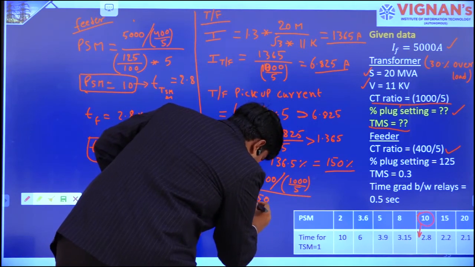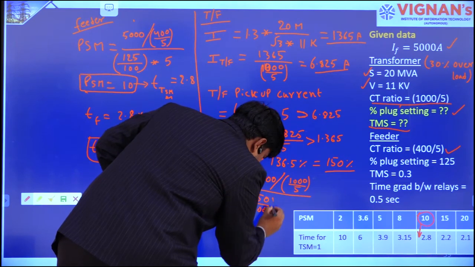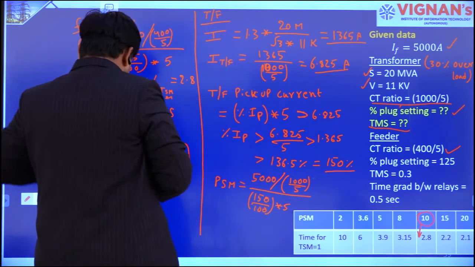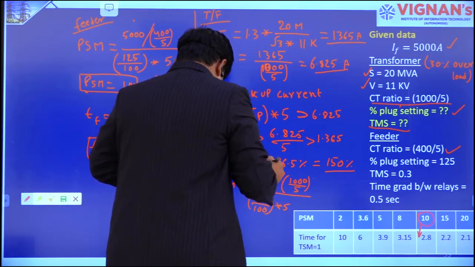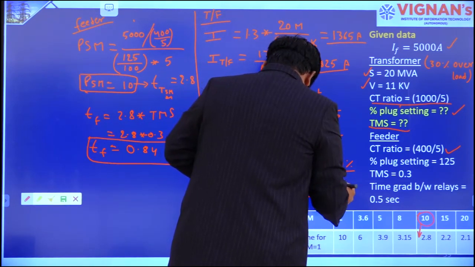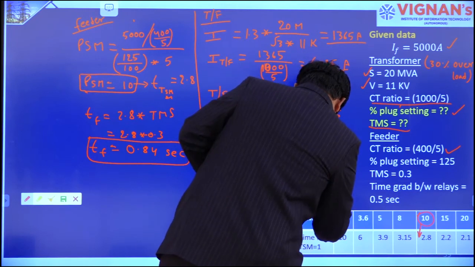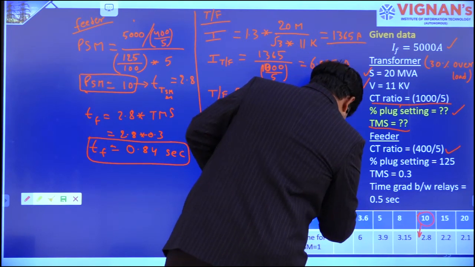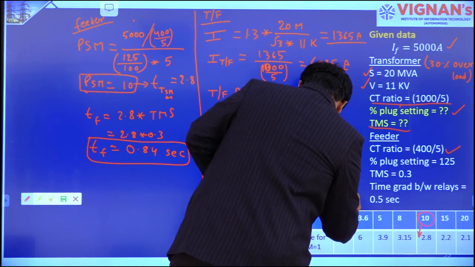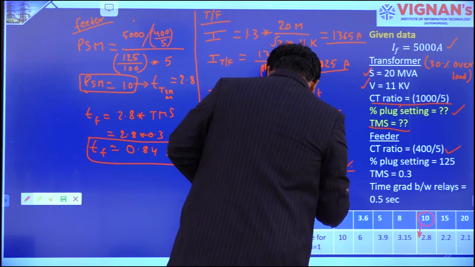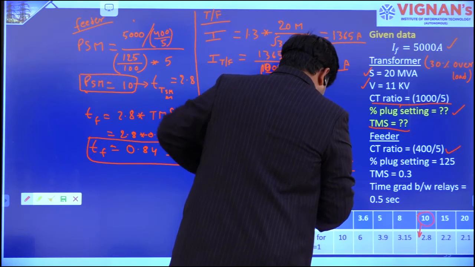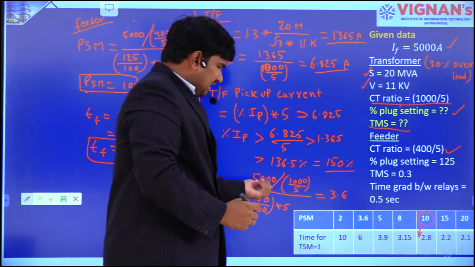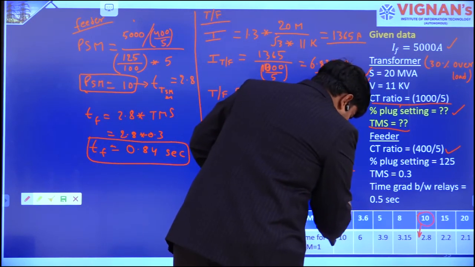It will be 150 by 100 into the CT secondary current, which is 5 amperes. By calculating these values, the plug setting multiplier will become 3.6.